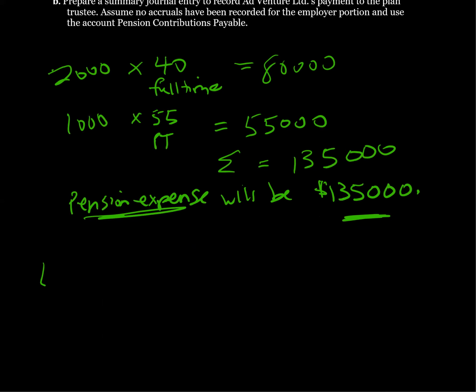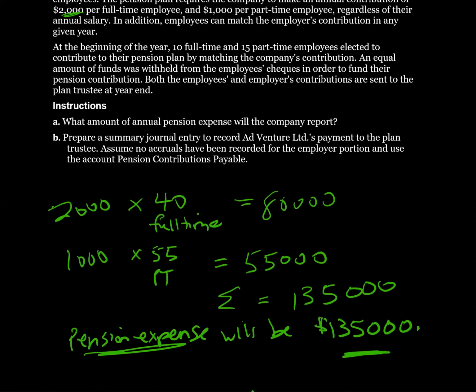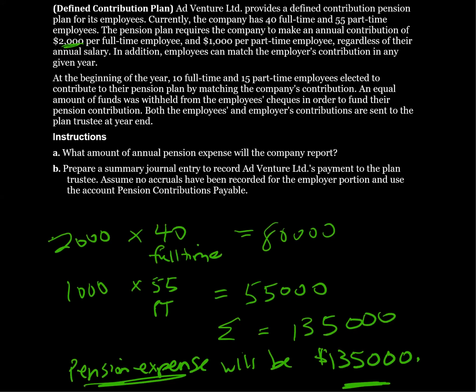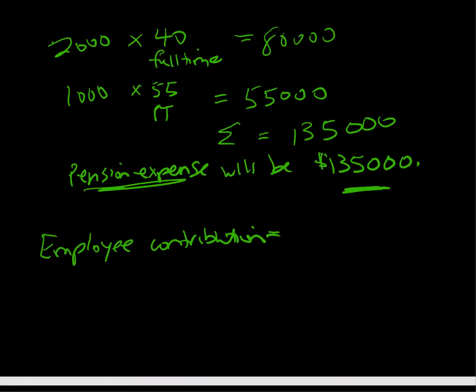So let's calculate the employee contribution. It says that 10 full-time and 15 part-time employees matched. So we're going to have 2,000 times 10 full-time, which is going to give us 20,000.